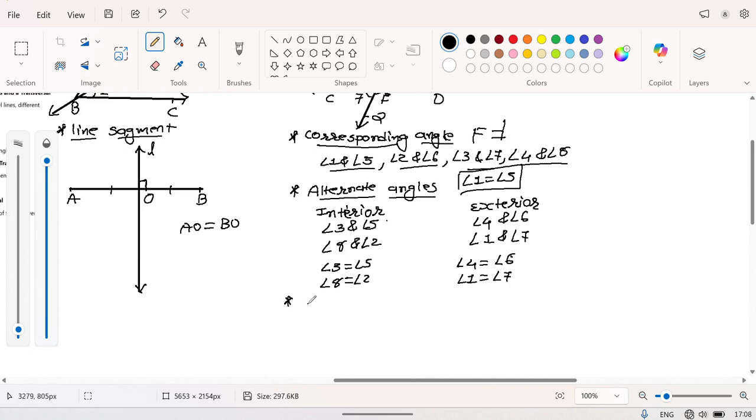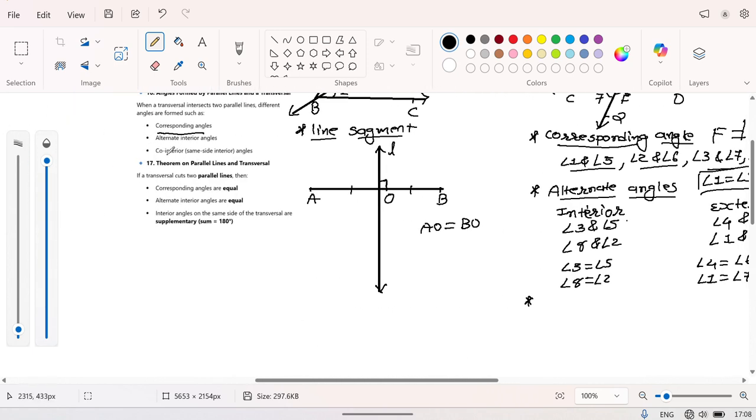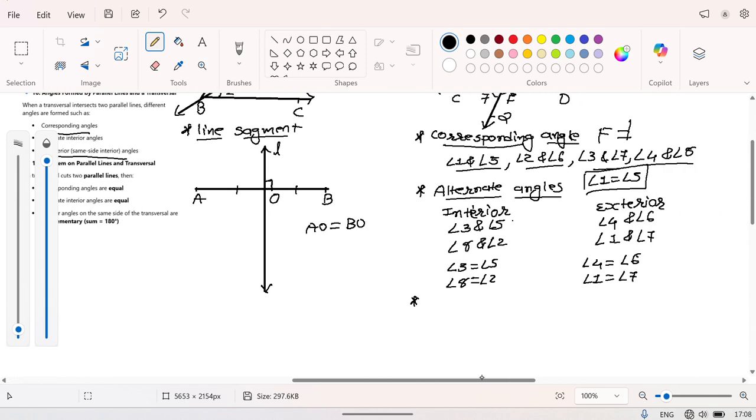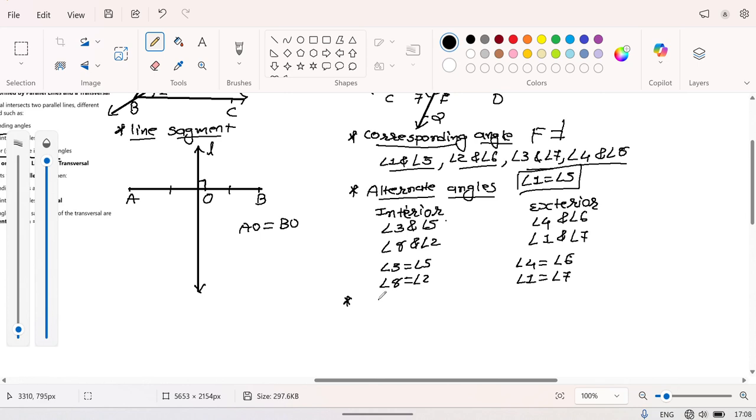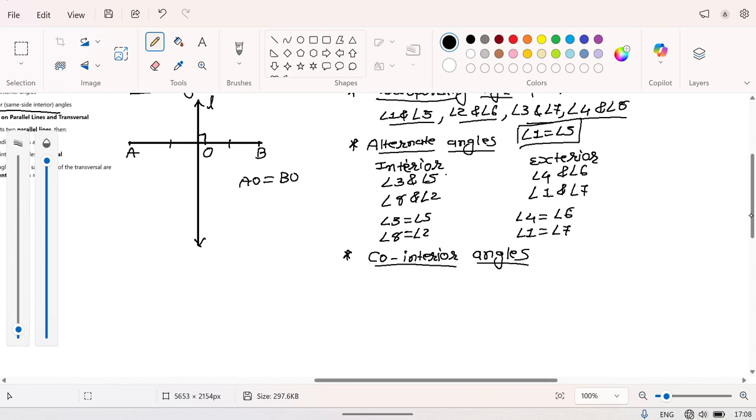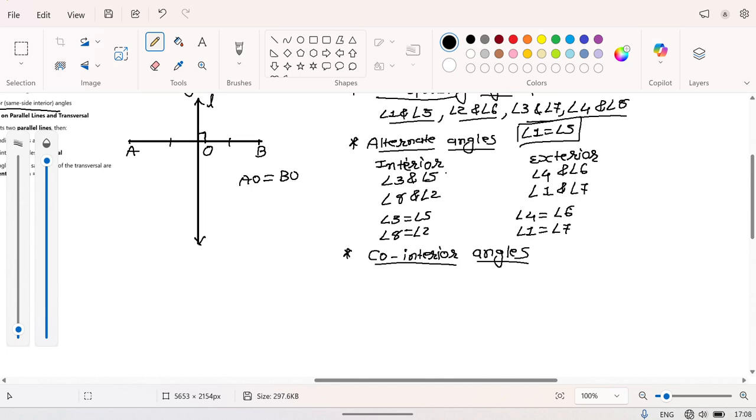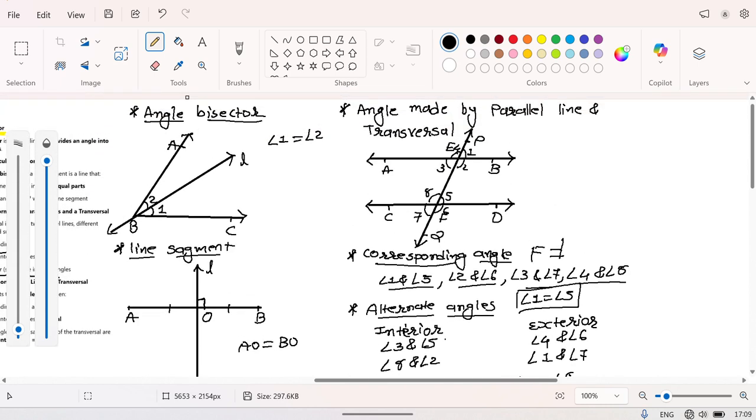Next, move to the last one, the co-interior angles. The co-interior angles are those interior angles which come on the same side of the transversal, either on the right side or on the left side.